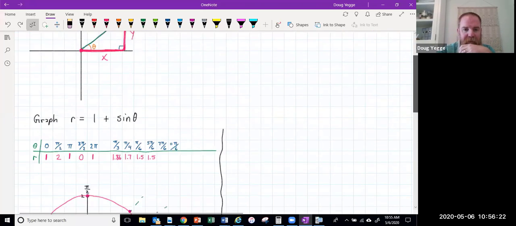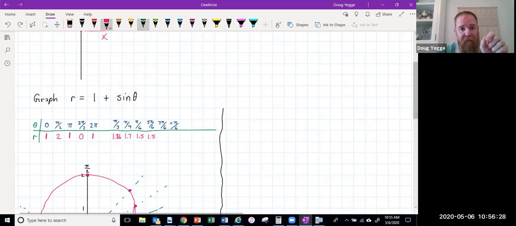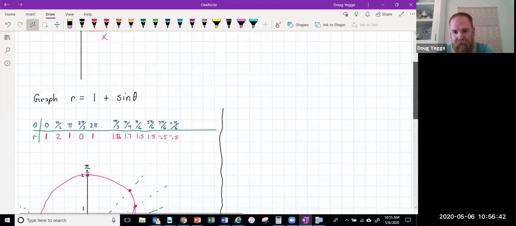What is sine of 7 pi over 6? Negative 1/2. So 1 minus 1/2 is giving me 0.5. 11 pi over 6 will give me the exact same thing. So wait a second. What does that mean?